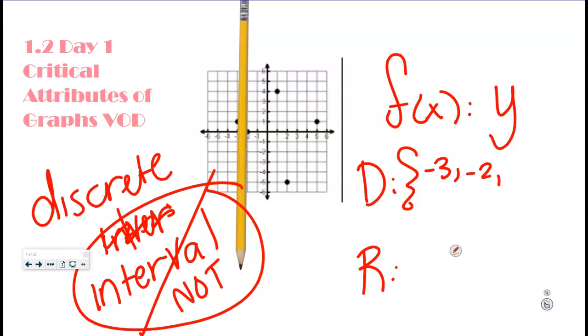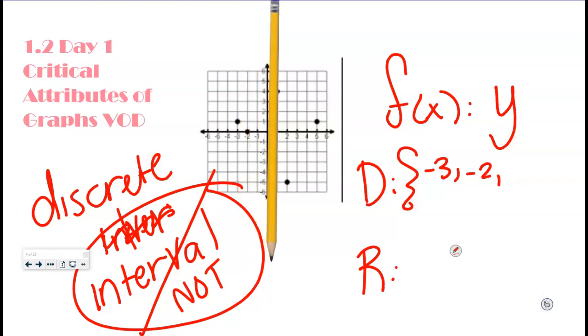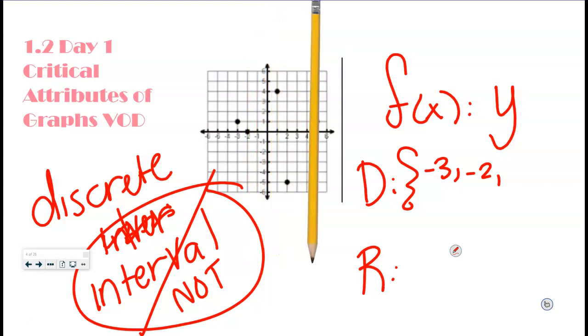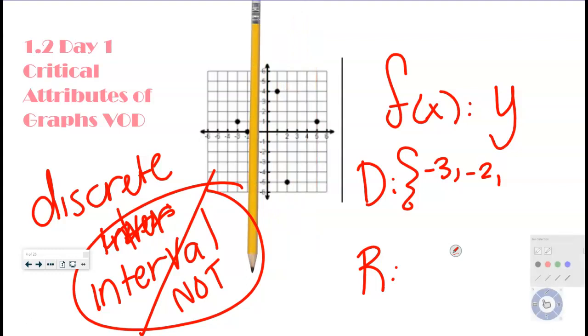And then we're going to go to +1, +2, and then a +5. And what I just listed were the remaining x values. So again, that was +1, +2, and +5.